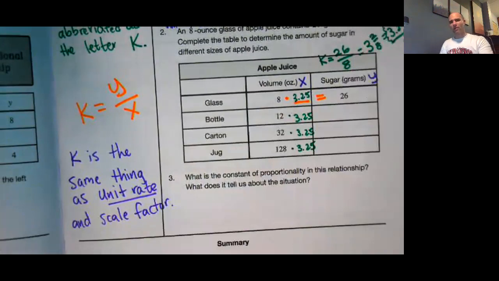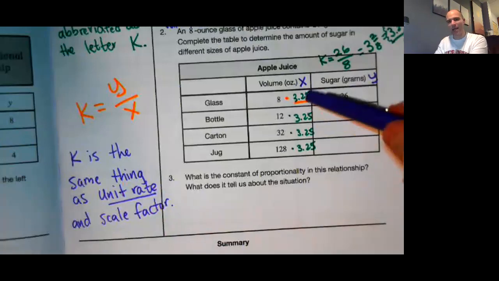The unit rate in math, well, unit meaning one, right? So unit rate is how much do you get of this one thing for every one of the other? How many pounds of carrots can you buy for $1? Or how many of this thing come in every one box, right?